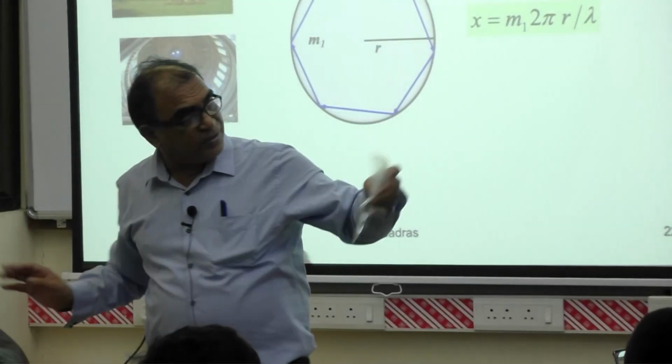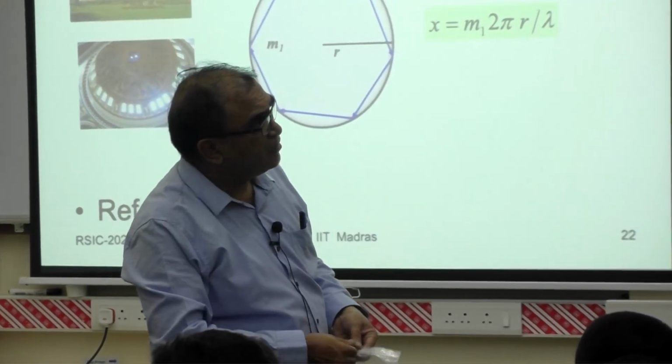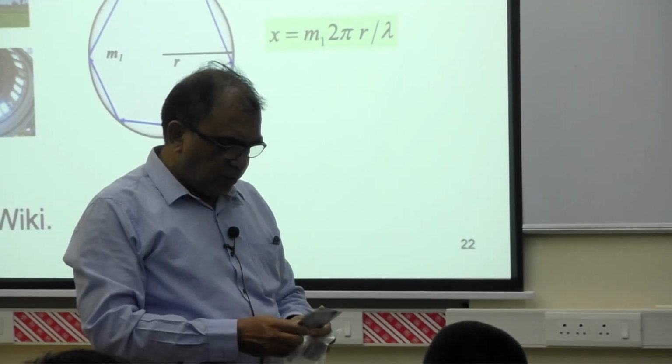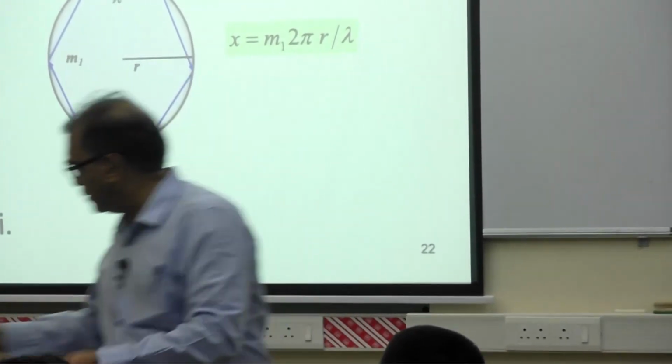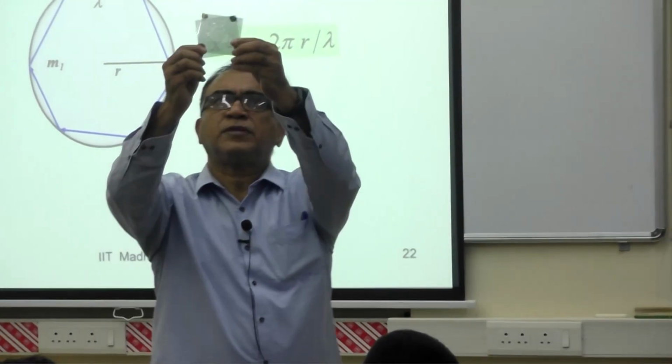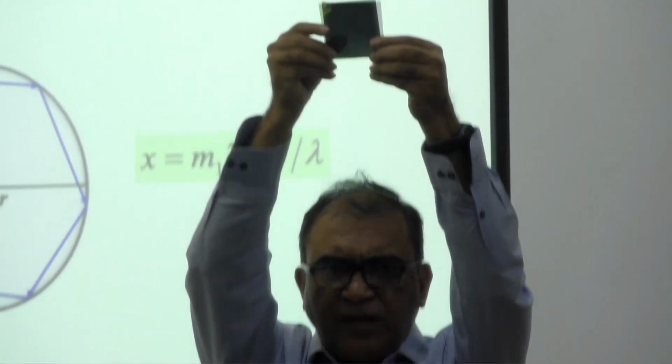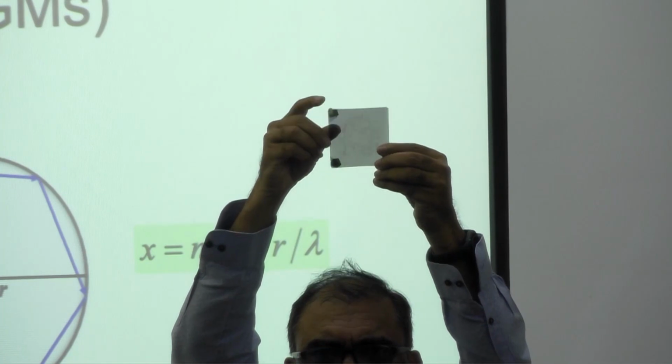Okay. Because I was just going into polarization and I didn't go there. So these are the two polarizers. Polarizers generally, if you rotate, you should see the dark, right? You rotate, you will see. But what are you seeing?